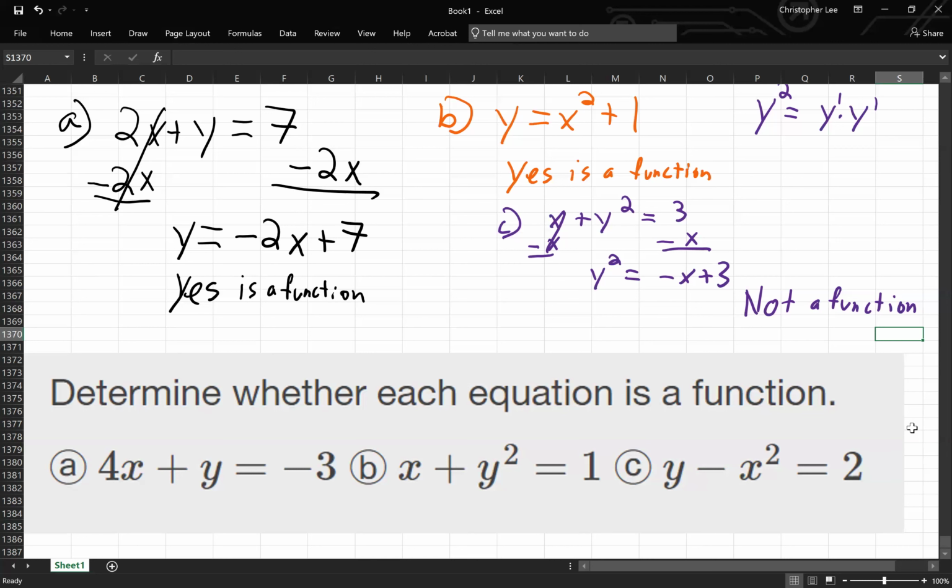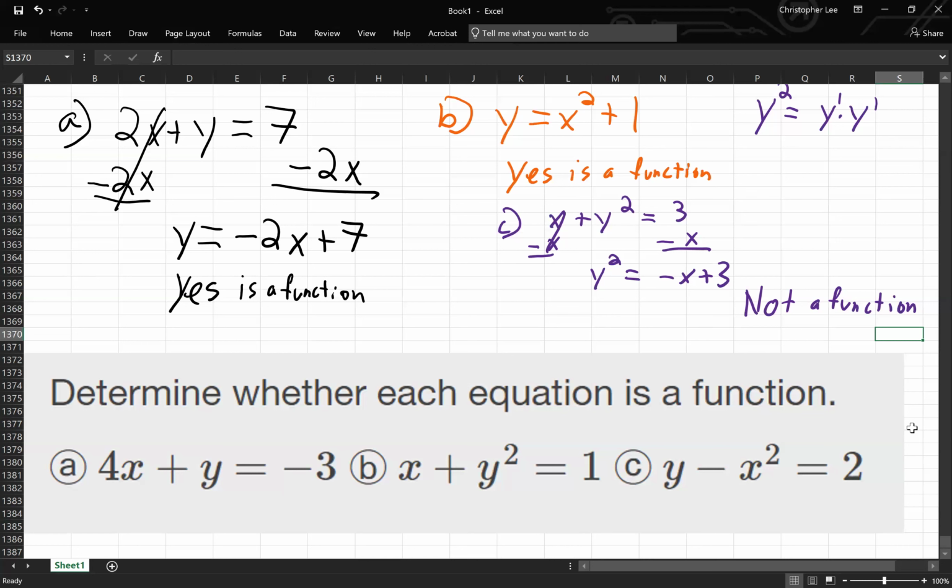One is 4x and the other is negative 3. Those are not like terms. Only like terms you can add together. If there was an x on the 3, yes, but there's no x on the 3.